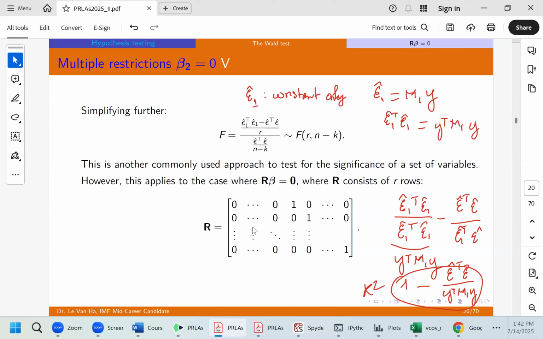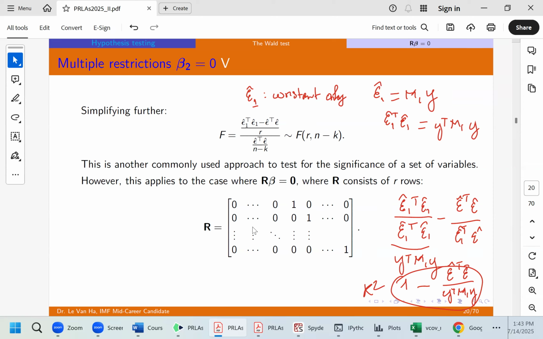Okay. So if I divide both the numerator and the denominator by this quantity, then I would have here the R square over r. Is that right? And down here, I would have epsilon hat transpose epsilon hat divided by this one. So it is nothing more than 1 minus R square.